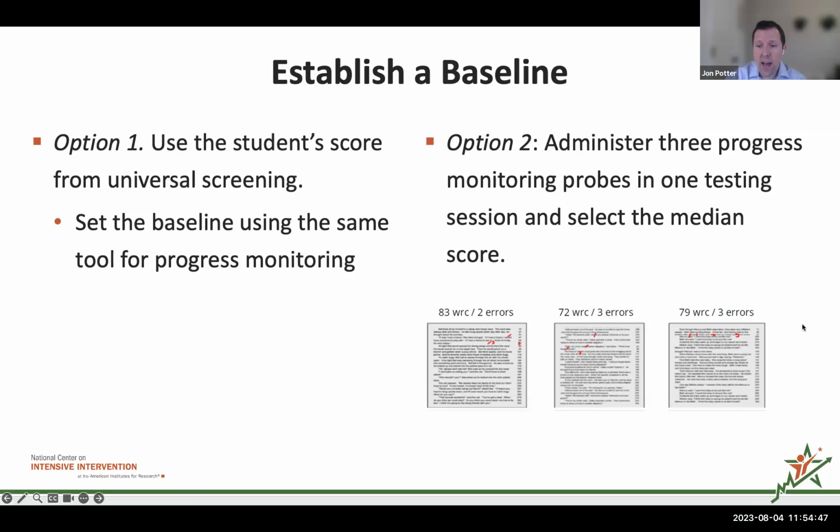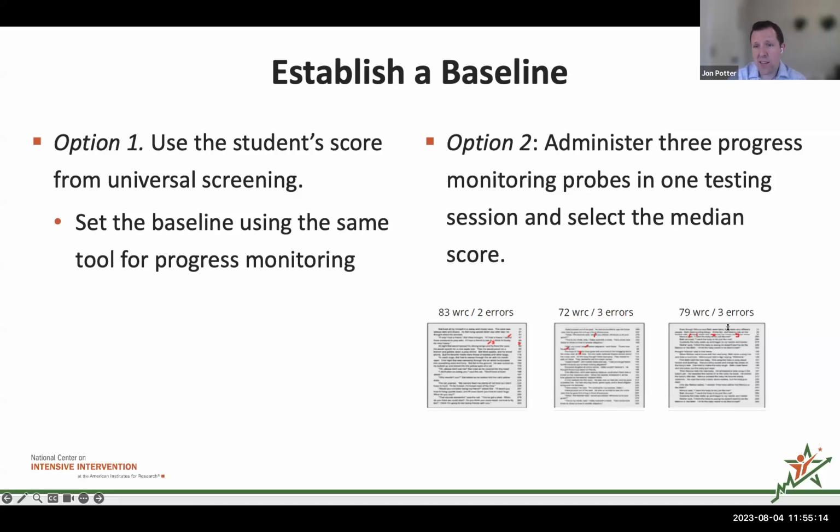If you don't have that, say you're between screening periods or you don't have a solid screener, you can administer 3 progress monitoring probes in one sitting and then look at the median score. By median, we mean the middle score, not the high score, not the low score, but the middle score. So if we're looking at these 3 probes here, the middle score, their baseline, would be 79 words correct with 3 errors. That would be where they're starting. That's their baseline.